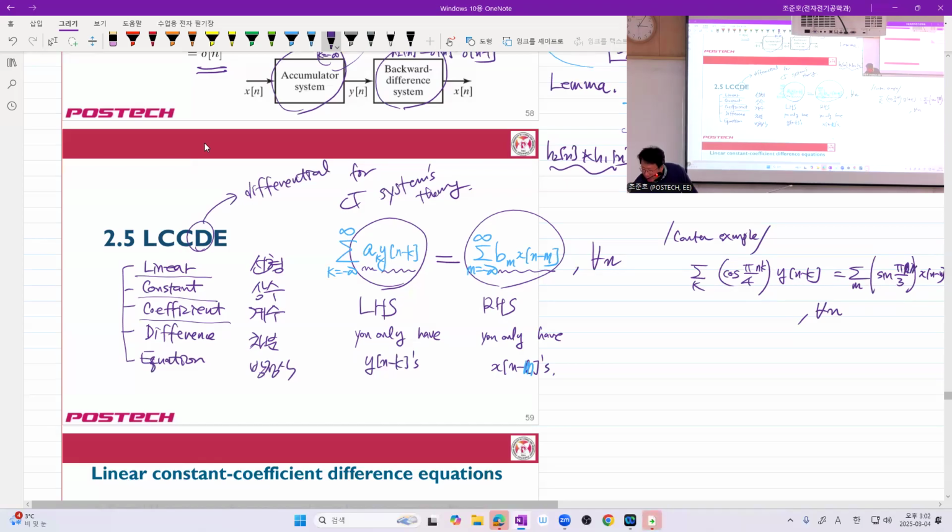Does this change? Yes. When you change n, this coefficient changes, and that coefficient also changes. Of course, if either one is changing, then you cannot say constant coefficient. Constant means when you change n, it's okay. It changes for k, it changes for m, it doesn't matter. Okay?